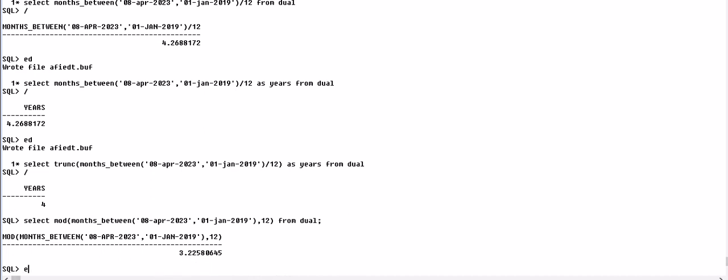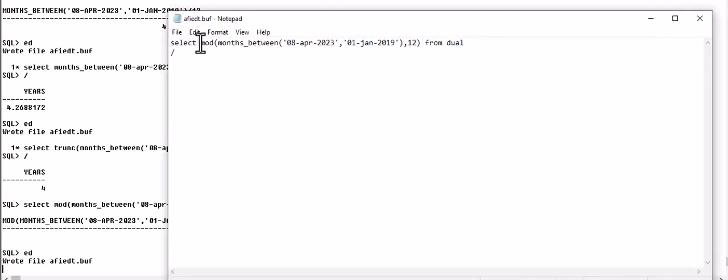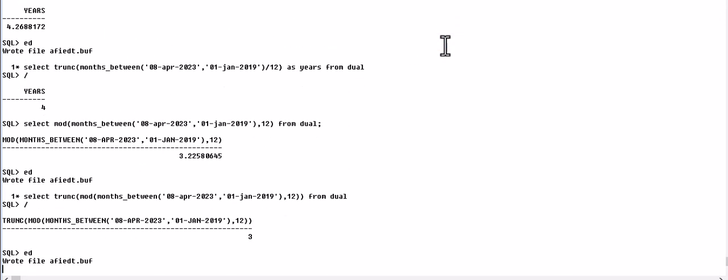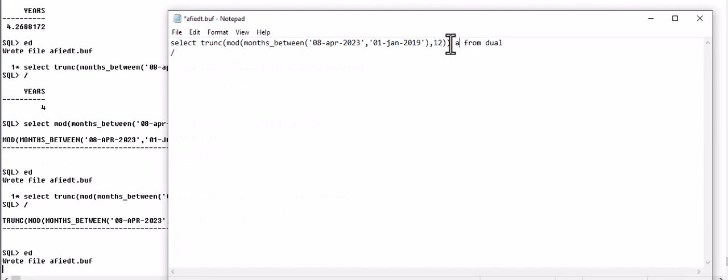So we can then further take TRUNC to eliminate the portion on the right side of the decimal. So 3 months. So we will write it as months.